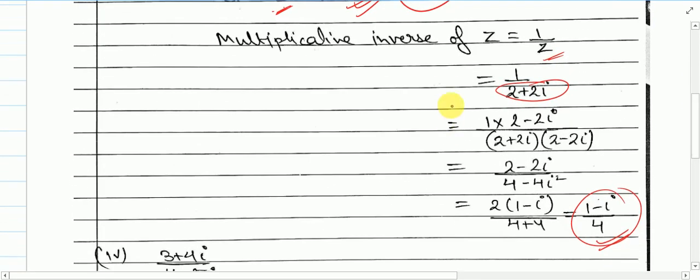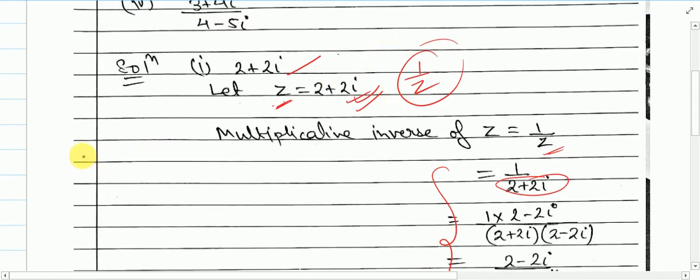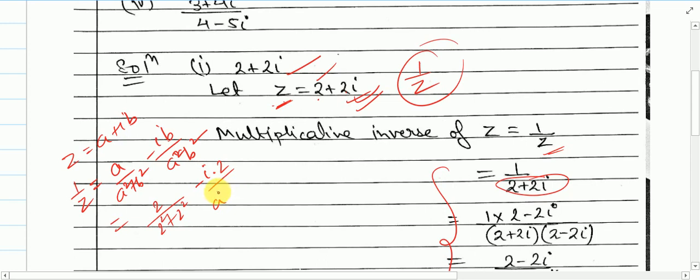And instead of doing this much work, as you know, if z is equal to a plus ib, then 1 by z will be a upon a square plus b square minus ib upon a square plus b square. So straight away you can write, here a is 2 and b is 2, so 2 upon 2 square plus 2 square, minus i into 2 upon 2 square plus 2 square.